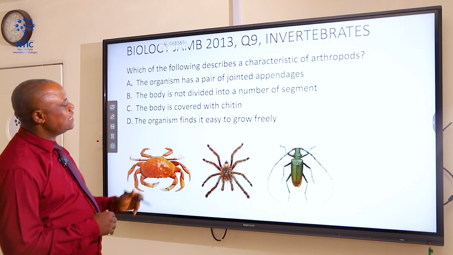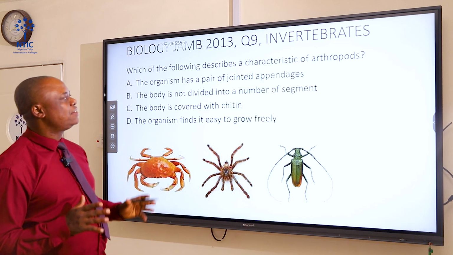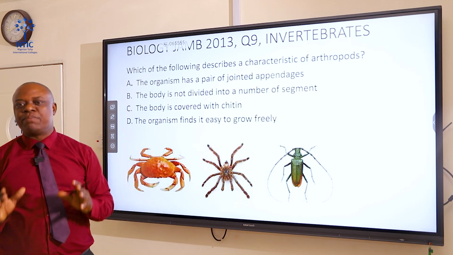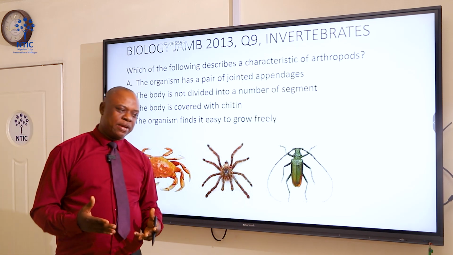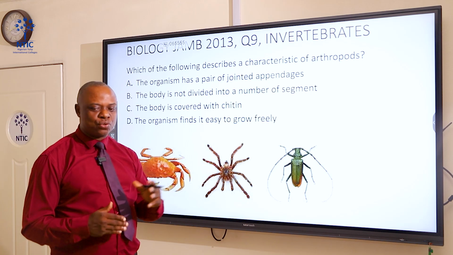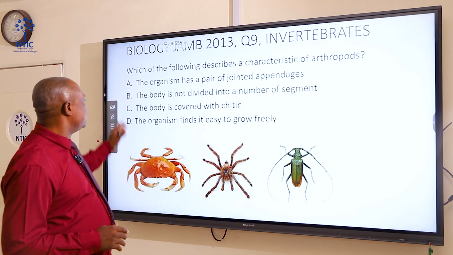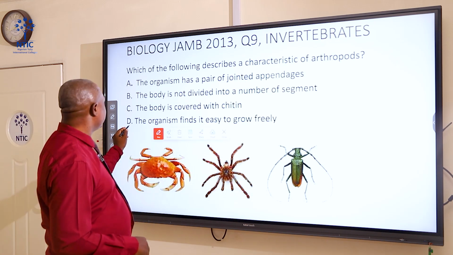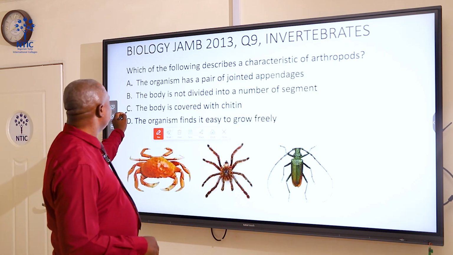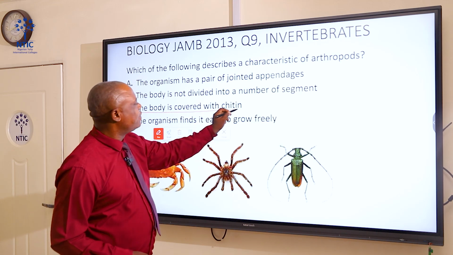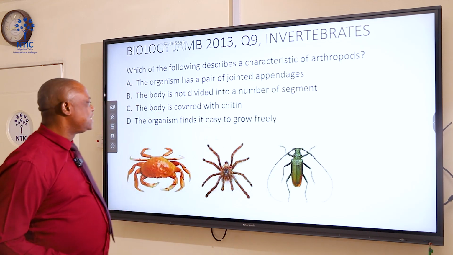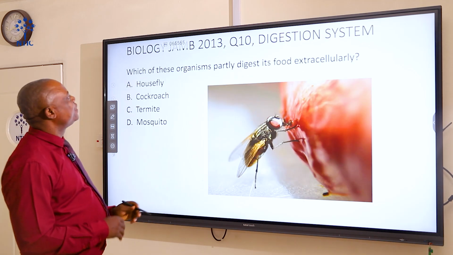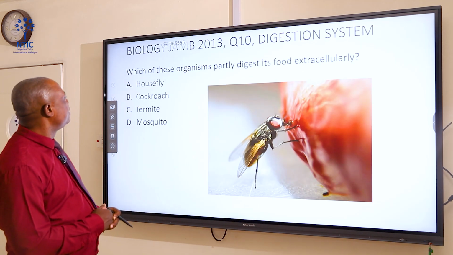One of the characteristics of arthropods is the segmented body, their bodies are divided into segments. Then C, the body is covered with chitin. The correct answer here is that the body is covered with chitin. We move to the next question, question number 10.